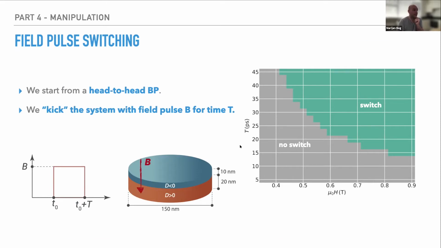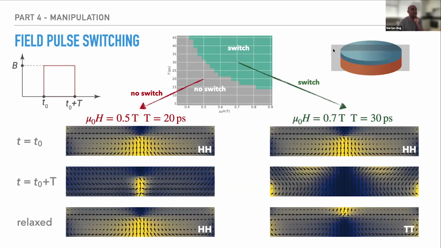If we look at the cross section, if either the external magnetic field or the pulse duration is not long or strong enough, then we cannot change the orientation of the bottom layer. However, if we take parameters from this green region, then we can change the orientation of the bottom layer. And after the relaxation, we can see that we can switch from the head to head to the tail to tail Bloch point.